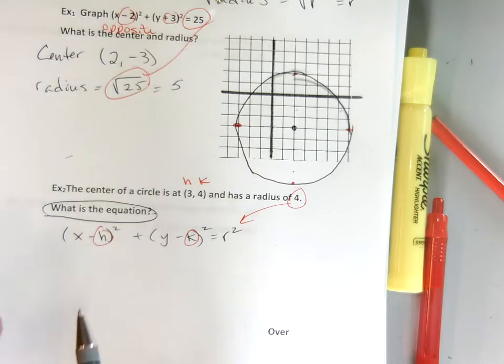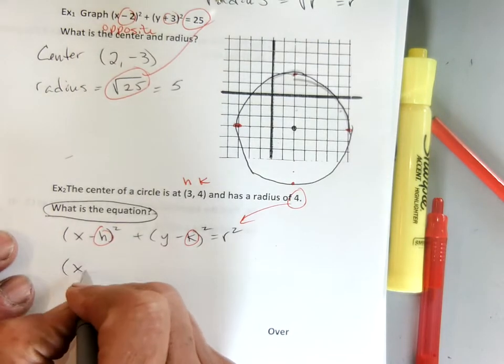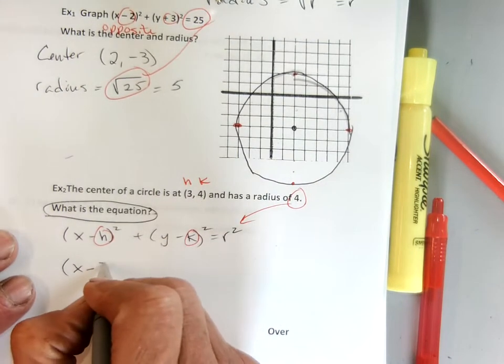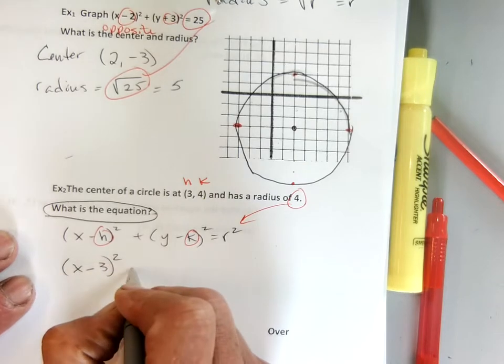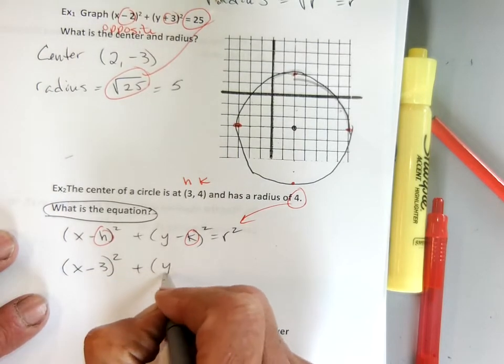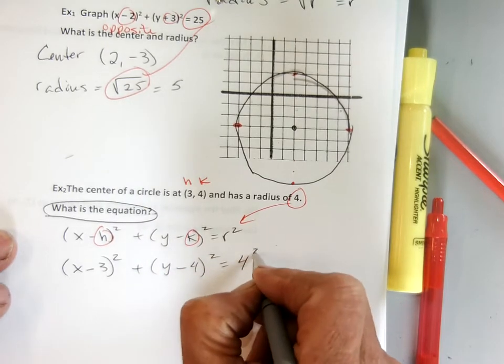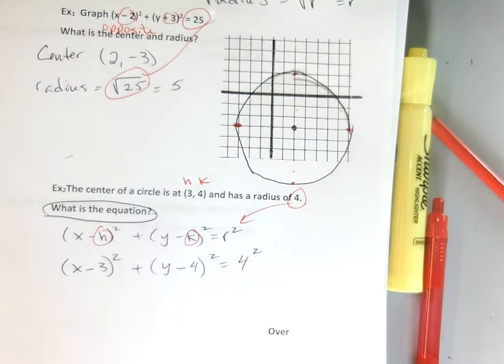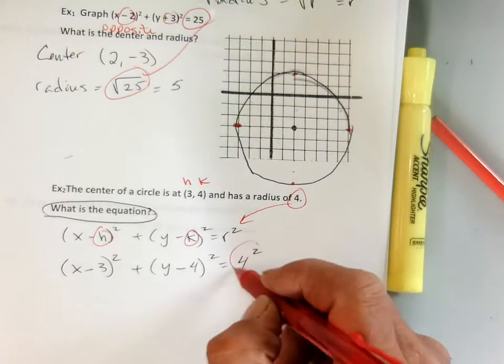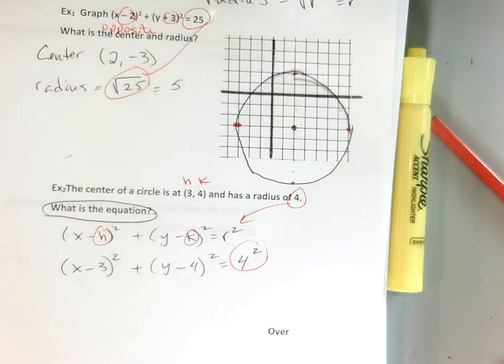So the equation of this circle is simply going to be x minus 3 quantity squared plus y minus 4 quantity squared equals 4 squared. But I'm going to make that 16 in a second, as soon as you catch up. I'll rewrite this as 16 because 4 squared is 16, right?